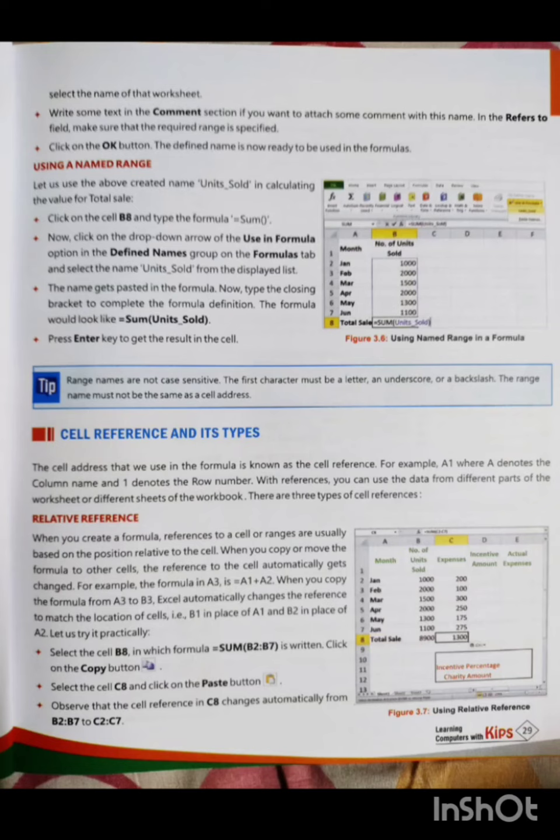As you can see in the bottom picture, there is a table of the month names, the units sold and the expenses for that. In cell B8 the formula is written as equals SUM of the cell range B2 colon B7. If we copy the same formula from the clipboard group and paste it in cell C8, the cell range will automatically change to C2 colon C7.